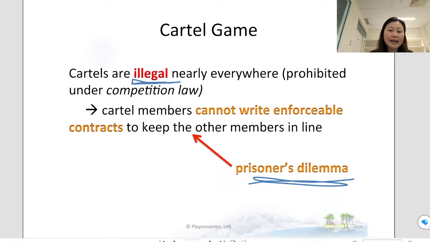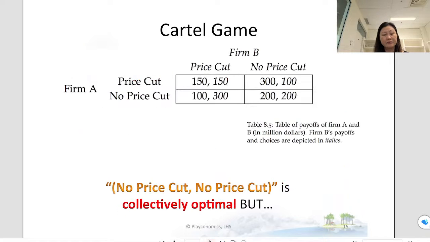Let's have a look at an example of a cartel game. Do we price cut or do we not price cut? Clearly, if you were in a cartel, you will not price cut. That's what a cartel would have done. A cartel would like everyone to focus on this strategy profile where nobody is cutting prices.